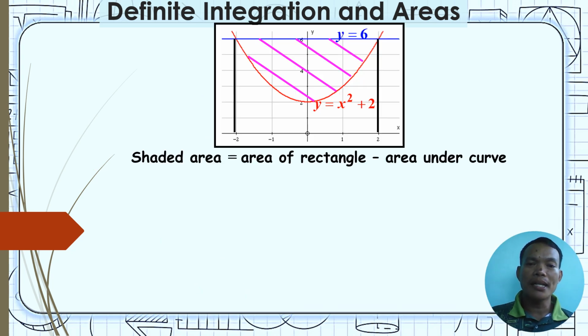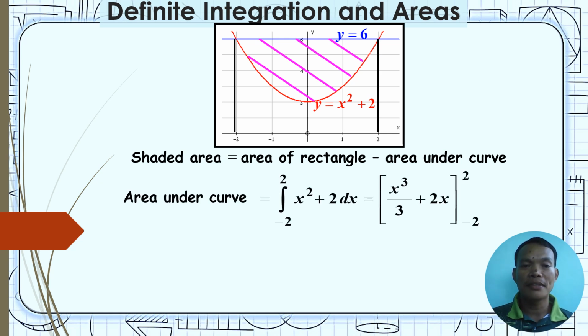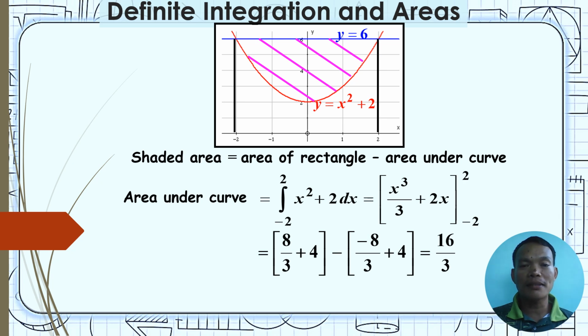The shaded area is equal to the area of a rectangle minus the area under the curve. So the area under the curve is equal to the integral of x squared plus 2 dx with limits of integration from negative 2 to 2, which is x cubed over 3 plus 2x with limits from negative 2 to 2. So it gives us 8 over 3 plus 4 minus the lower limit, negative 8 over 3 minus 4.